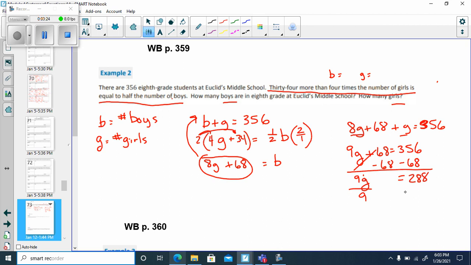Divide both sides by 9. And G then is equal to 288 divided by 9, which gives me 32. That means there's 32 girls.